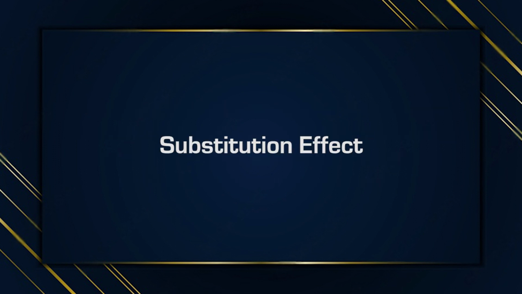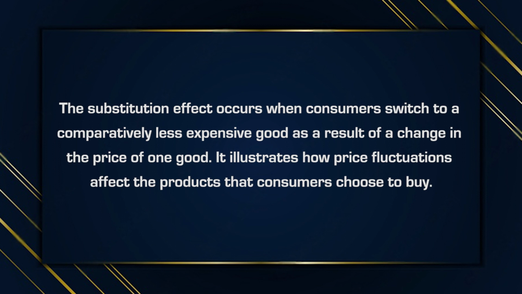Substitution effect. The substitution effect occurs when consumers switch to a comparatively less expensive good as a result of a change in the price of one good. It illustrates how price fluctuations affect the products that consumers choose to buy.